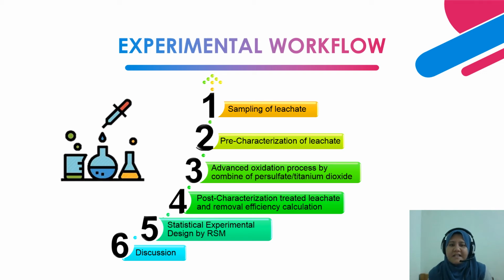After that, I need to insert the removal efficiency for all the parameters into the RSM, and then RSM will generate the optimum condition for all the parameters. And lastly is the discussion about the effect of the independent variables on the parameters.